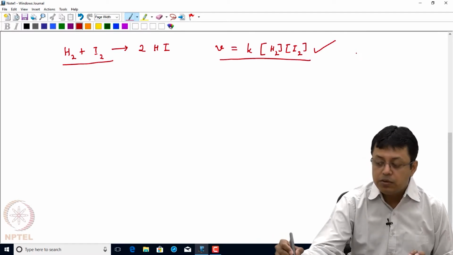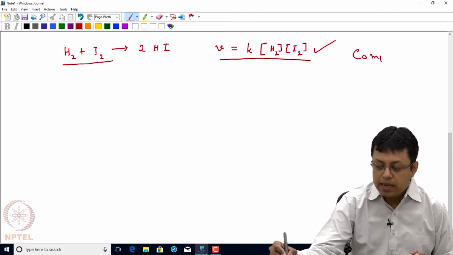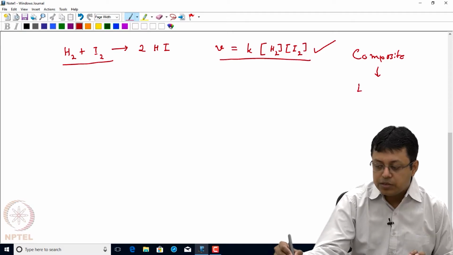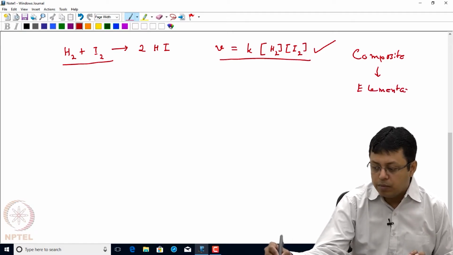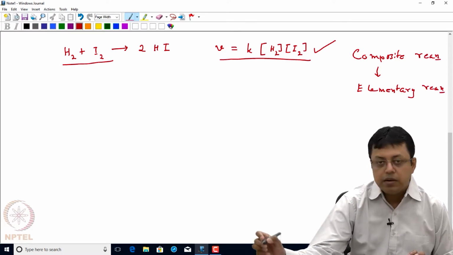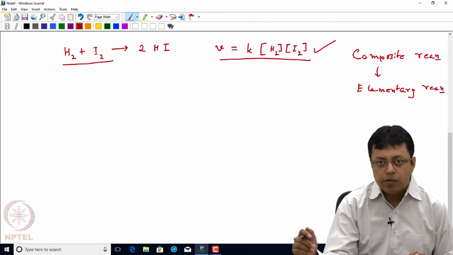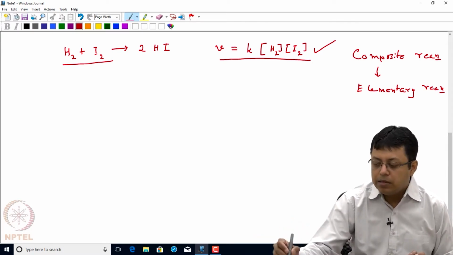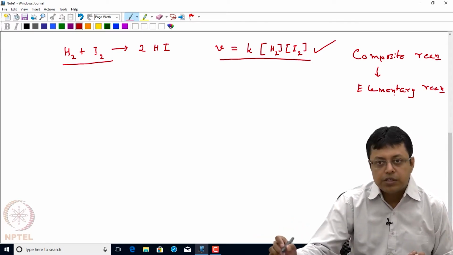So any composite reaction, we can say, is composed of many fundamental reactions which cannot be divided further, and those fundamental reactions we call elementary reactions. We'll discuss more about it, but for the time being, just remember that elementary reactions are those which represent the most fundamental step of a reaction.